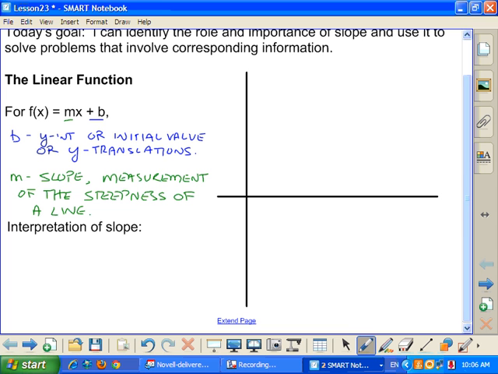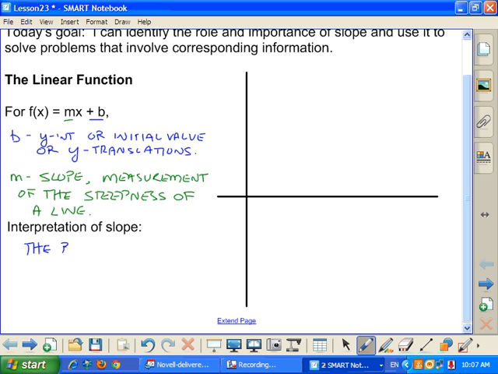Now, some of you might have another definition for me, and this comes from the MHF, some might not, but the interpretation of slope, and this might be the definition that you are actually thinking, and if you are, that's great. Really, I'm going to move your thinking from measurement of steepness of a line, and we're going to start using the words rate of change.